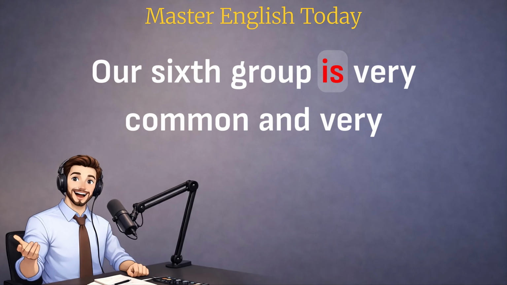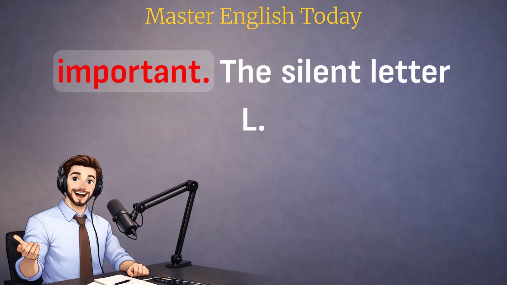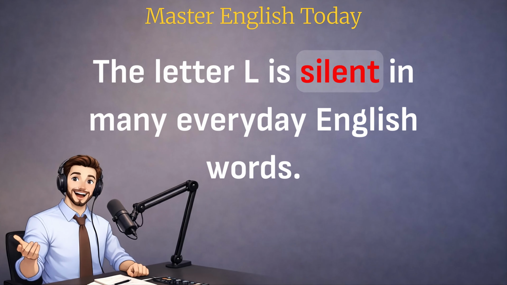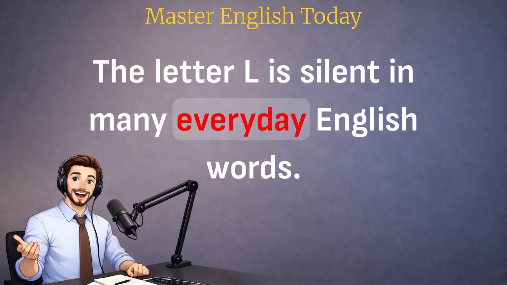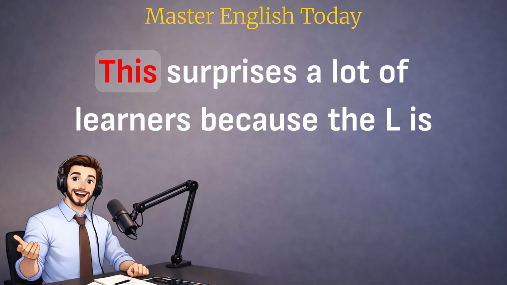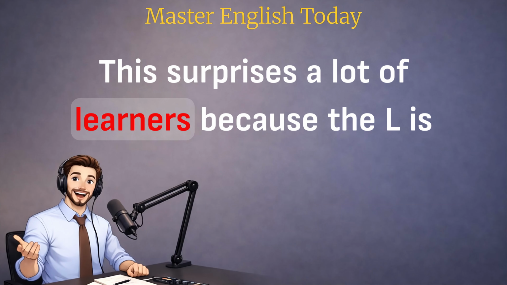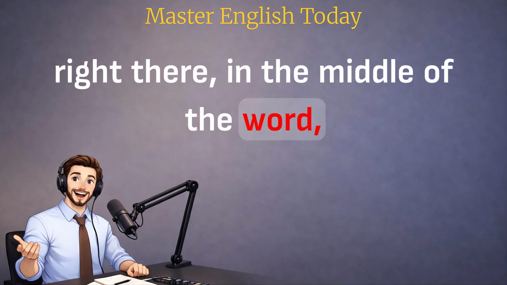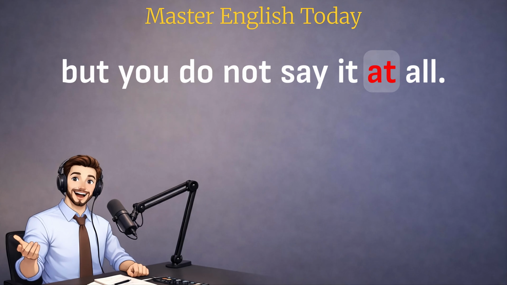Our sixth group is very common and very important. The silent letter L. The letter L is silent in many everyday English words. This surprises a lot of learners because the L is right there, in the middle of the word, but you do not say it at all.